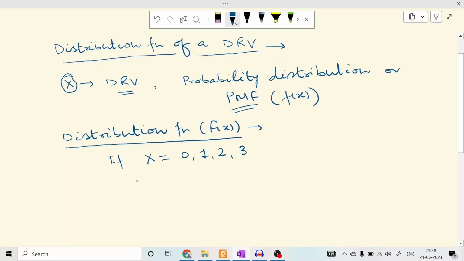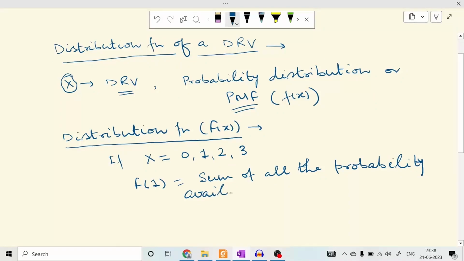Now, if you want to calculate the value of this distribution function at x equals 1, this will give you the sum of all the probabilities available till x equals 1.